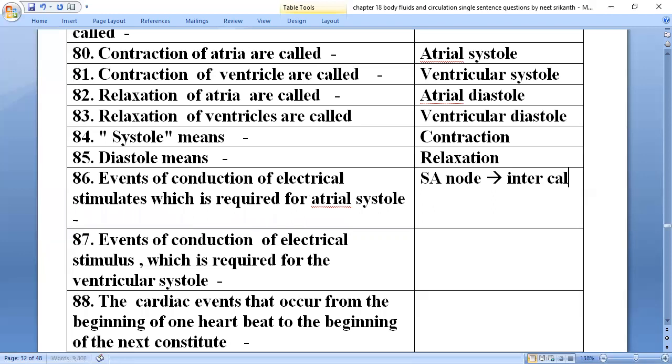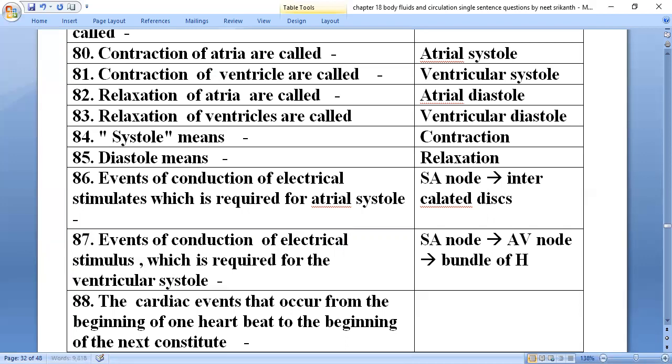For the conduction of electrical stimulus required for ventricular systole, we start from the SA node, then the AV node, atrioventricular node, then the bundle of His, next the Purkinje fibers.